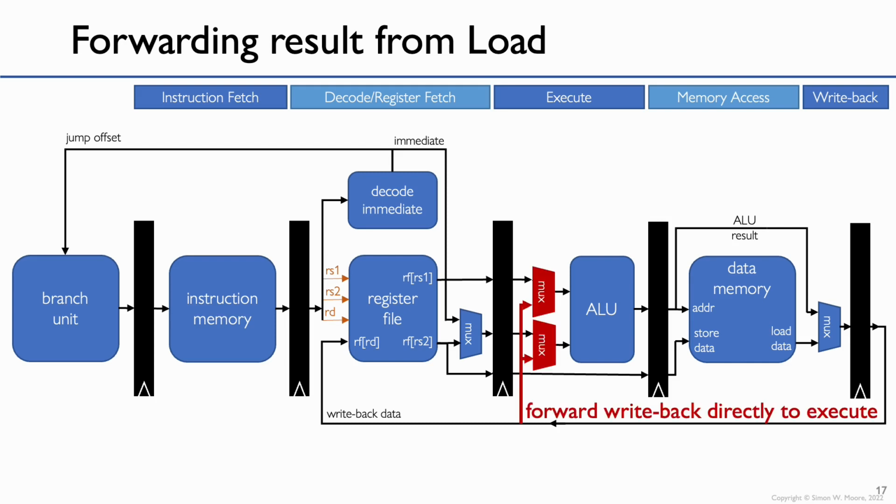However, what we can do is when we're writing the value back to the register file, we can also forward that value via some multiplexers into the ALU, and in other words we can provide the value one clock cycle earlier. So let's look at the implications of this on our load-to-use dependency hazard.